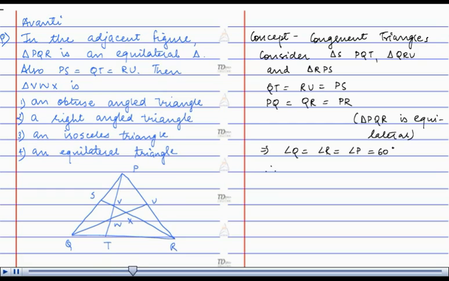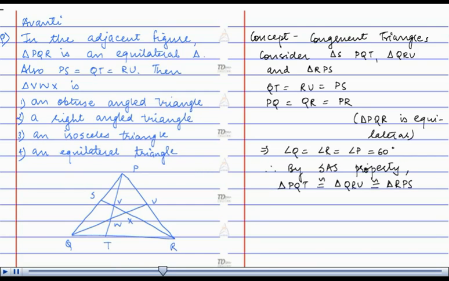Therefore, by the property side angle side, we have triangle PQT is congruent to triangle QRU is congruent to triangle RPS.